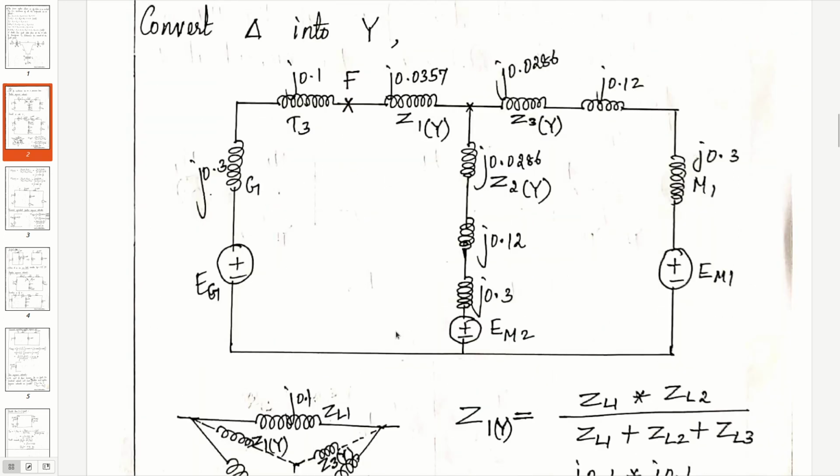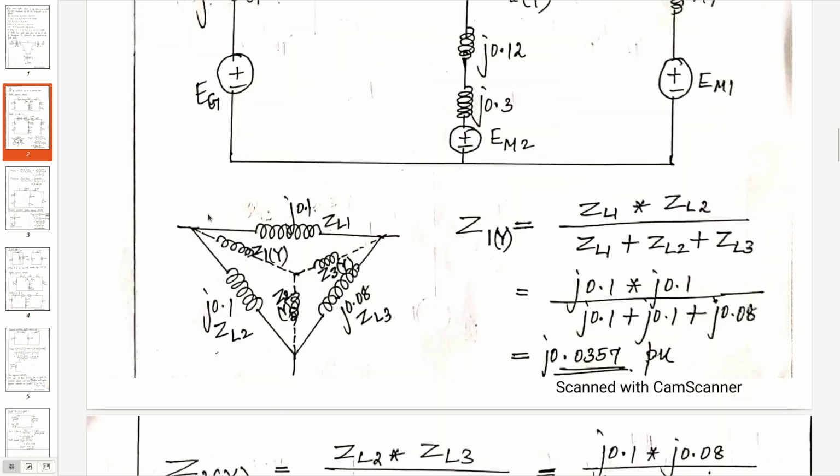Let's see how to convert that delta into star. For that I have drawn only the delta part over here: line 1, line 2, line 3, in the same format given in the positive sequence network. I have taken Z1 star, Z2 star and Z3 star as the star equivalent impedances of the delta configuration. Z1 star is ZL1 into ZL2 divided by the summation of ZL1 plus ZL2 plus ZL3. This is the formula for delta to star transformation.